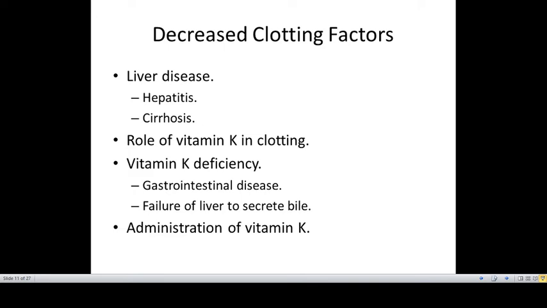Another very prevalent cause of vitamin K deficiency is failure of the liver to secrete bile into the gastrointestinal tract due to liver disease.